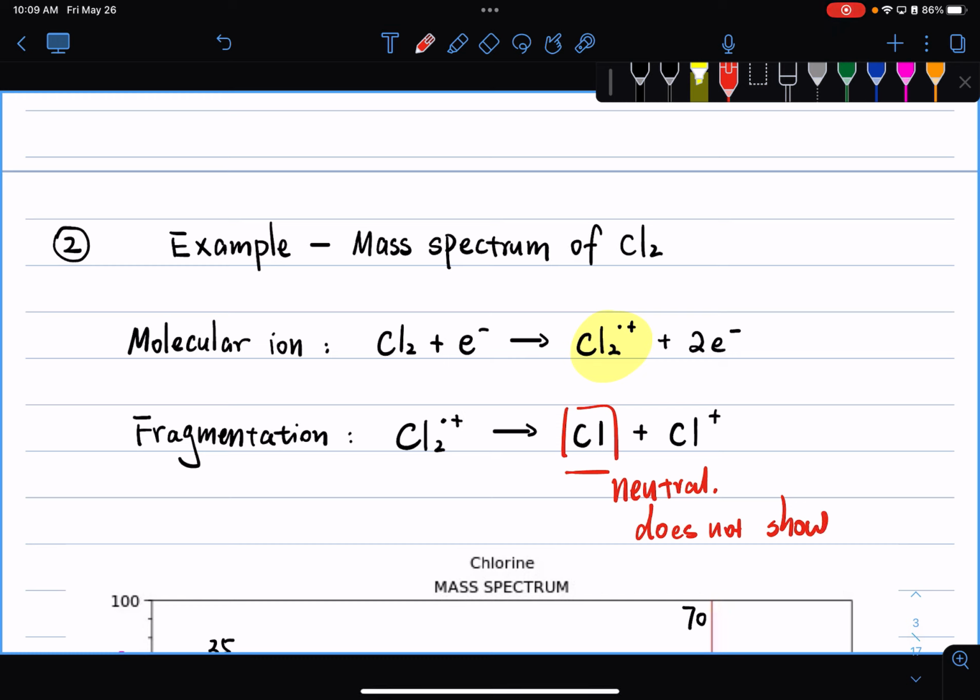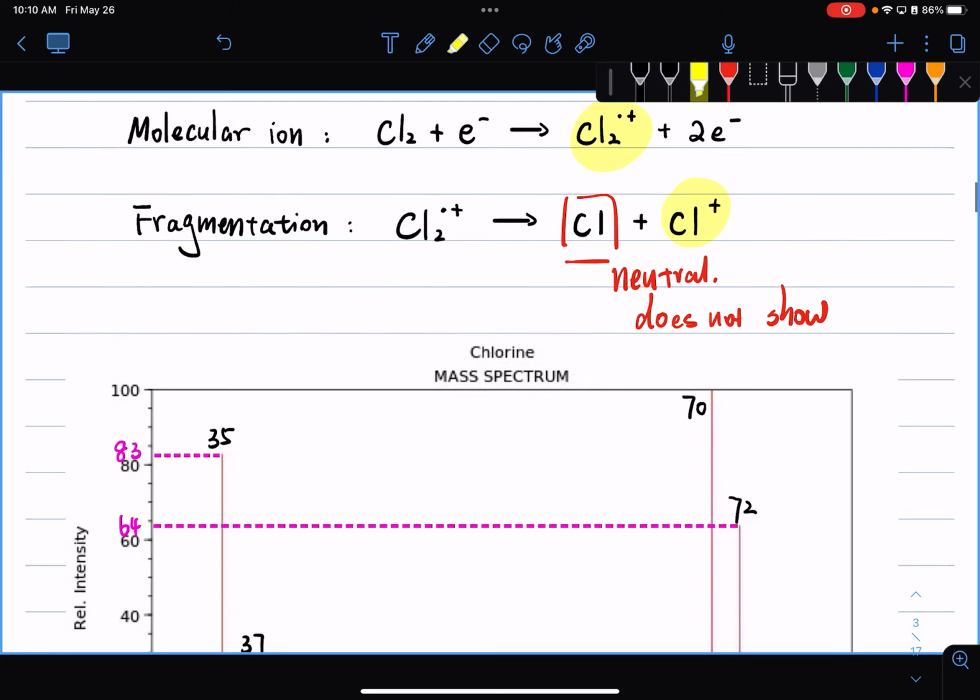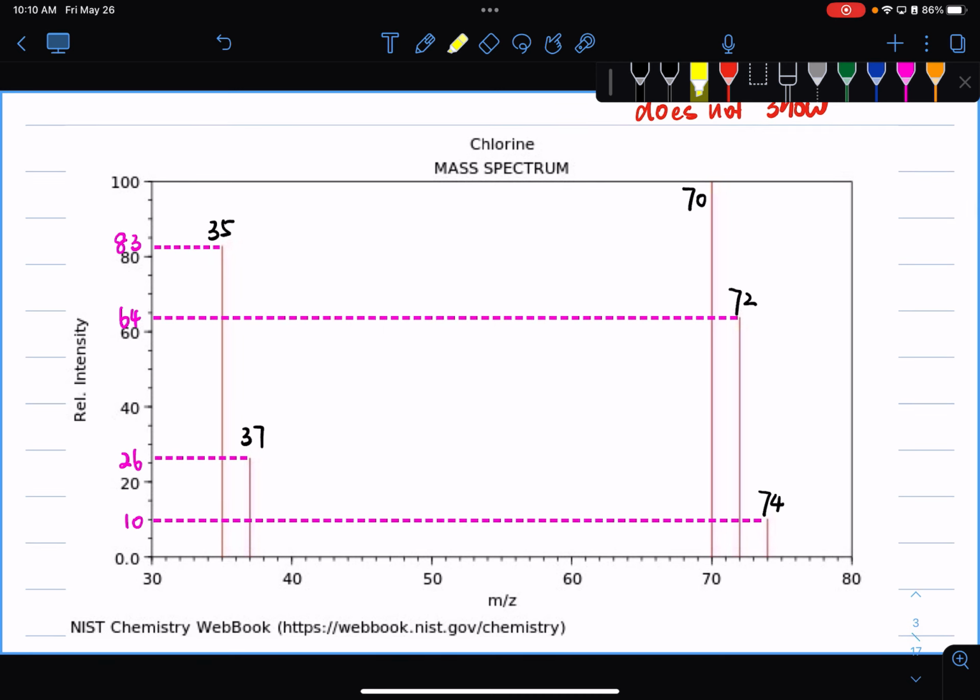And then we can also see the peak for Cl+. So these are the two peaks we expect to see on the mass spectrometry. And here is the mass spectrum. It is surprisingly more complicated than you originally expected, right? We only have two possible fragmentations, Cl2+ and Cl+.